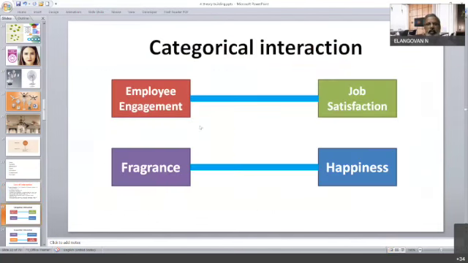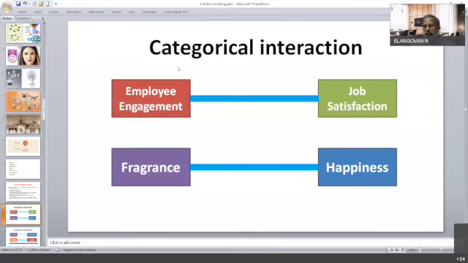The first one is called a categorical interaction. What is categorical interaction? When one variable is present, the other variable is also present. When one concept is present, the other concept is also present. You need to understand that this is not an impact. This is not a kind of creating. These are only two independent things that coexist.